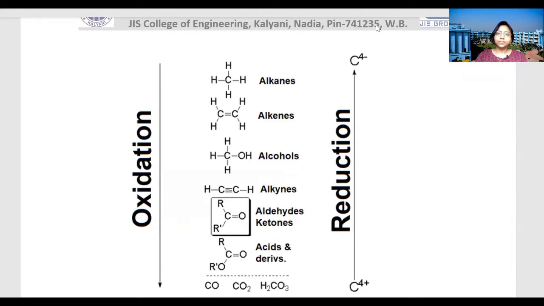So you can understand that alcohol to aldehyde or ketone is the part of oxidation. If we move from alcohol to ketone, that is oxidation. If we move from ketone to alcohol, that is reduction. Here different examples are given. So oxidation and reduction are just reverse processes.